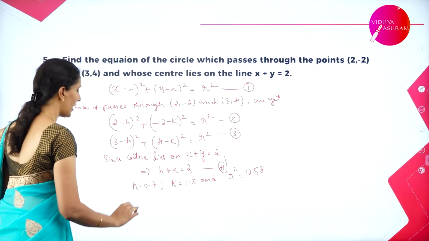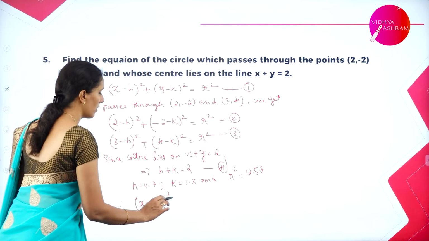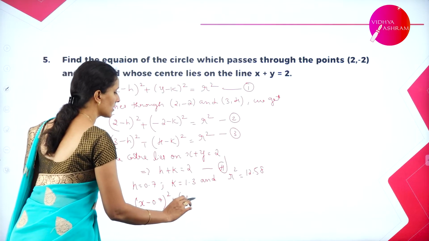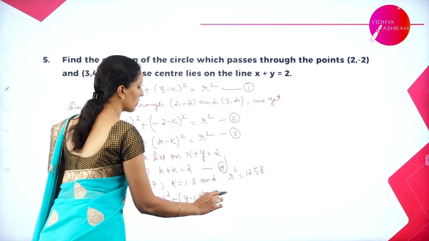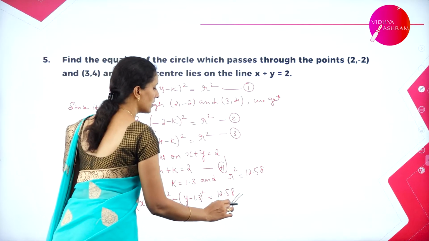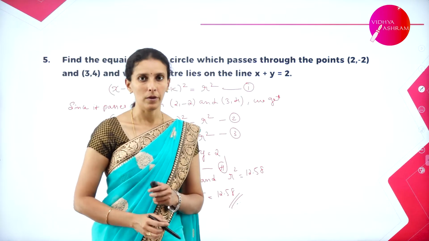Therefore our required equation is (x - 0.7)² + (y - 1.3)² = 12.58.